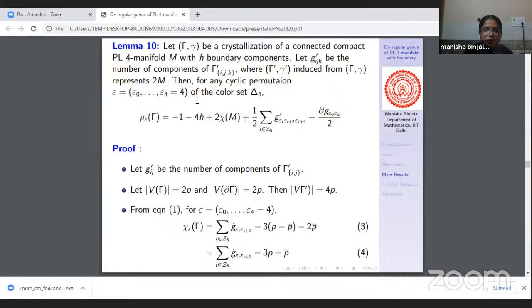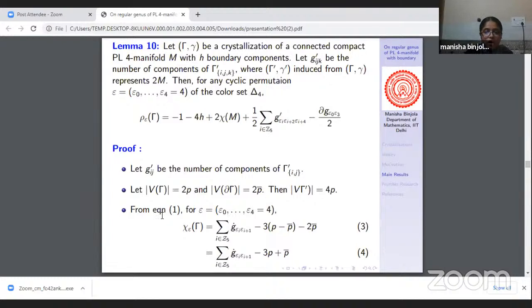Now for any cyclic permutation, we get this relation. So rho epsilon gamma, which we define in the concept of regular genus, equals this. Now let G dash Ij be the number of components. Okay, this is fine. The vertices of gamma we assume to be 2p. Then the vertices of gamma dash become 4p.